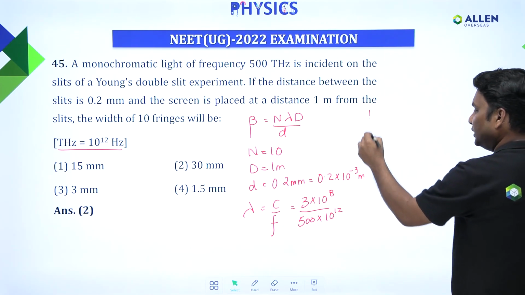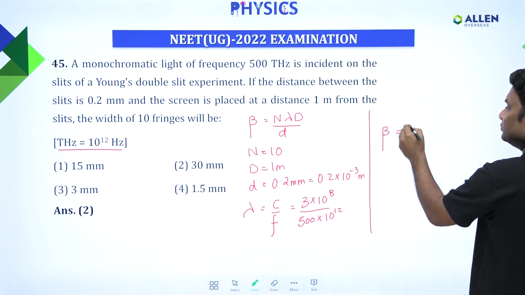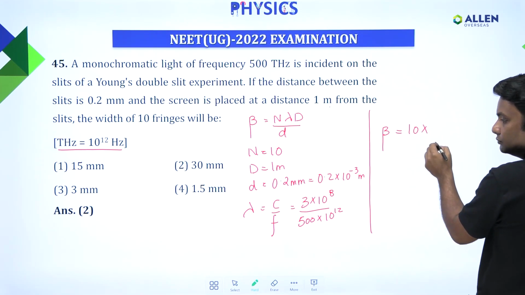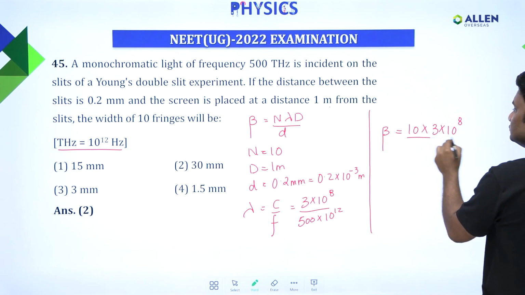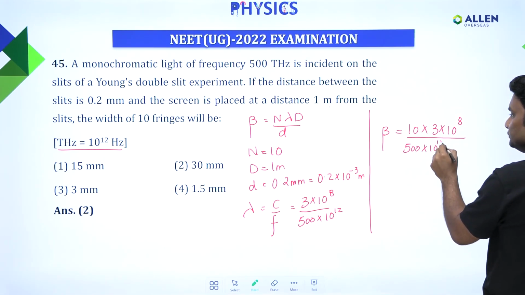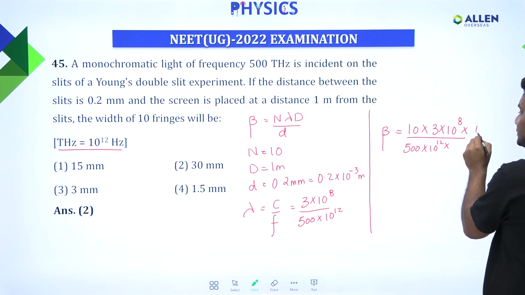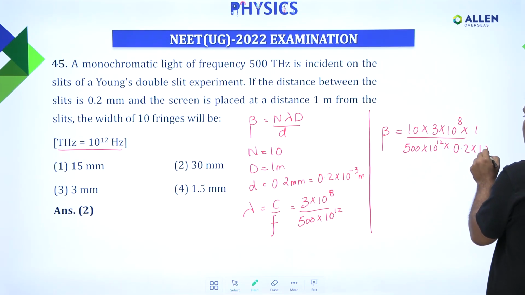So upon substituting, we are going to get the value of beta. That is going to be equivalent to 10 into 3 into 10 power 8 by 500 into 10 power 12, capital D that is 1, and small d, what's the value of small d? It's 0.2 into 10 power minus 3 meters.